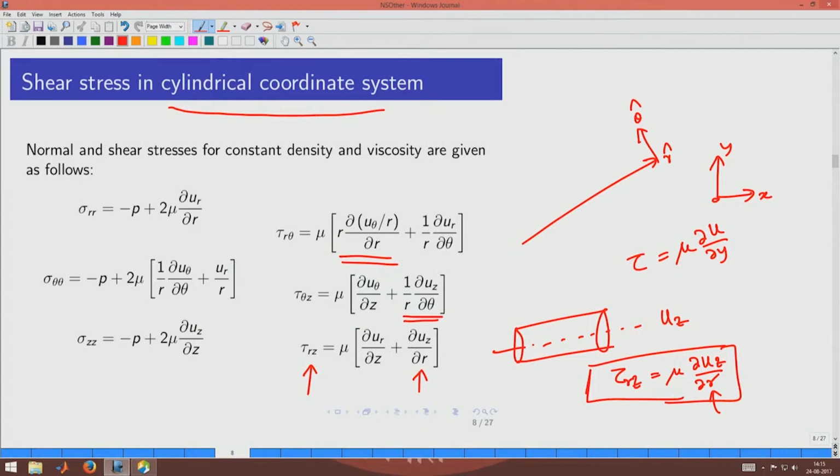Whenever we have a velocity distribution and we are asked to find the shear stress, then simply plug the velocity distribution into these equations, and the stresses are available. When you plot those stresses as functions of r or z or theta, we see how the velocity distribution can be explained as a function of the distances, looking at how the stresses are causing that.